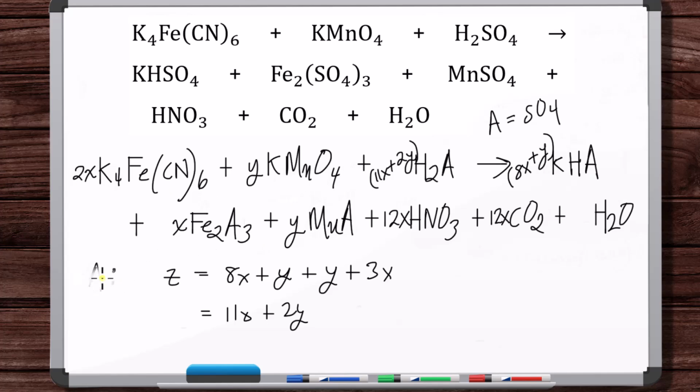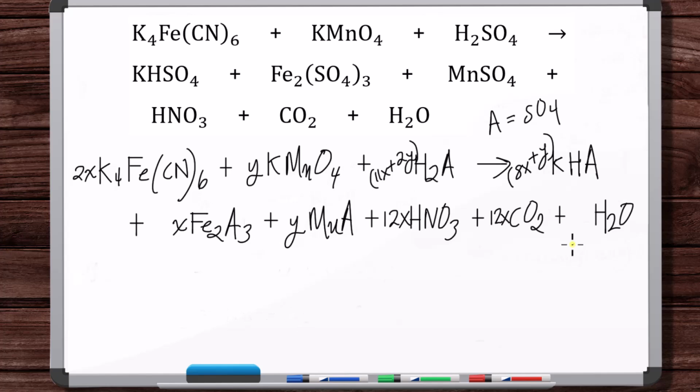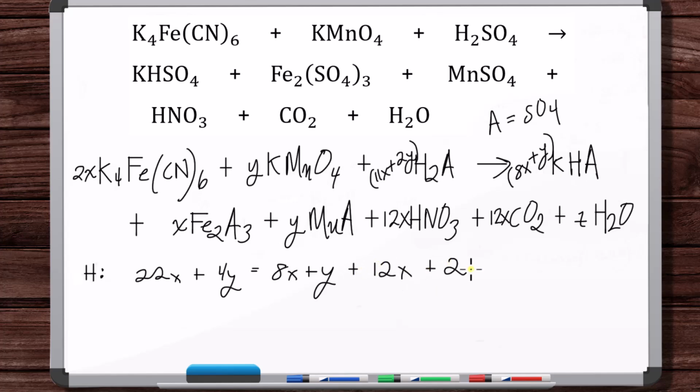Okay, now if this is Z and we balance, let's say, the hydrogens, we've got 22X plus 4Y hydrogens on the left, then 8X plus Y plus 12X plus 2Z.